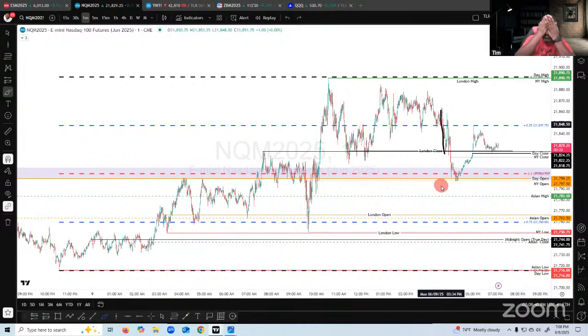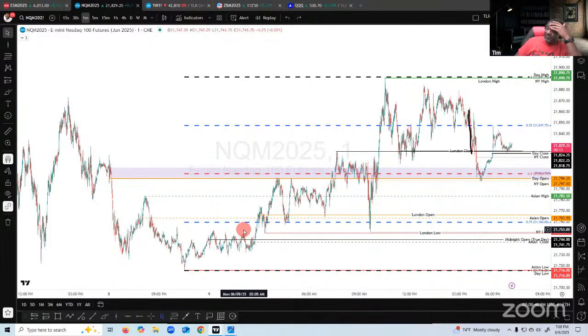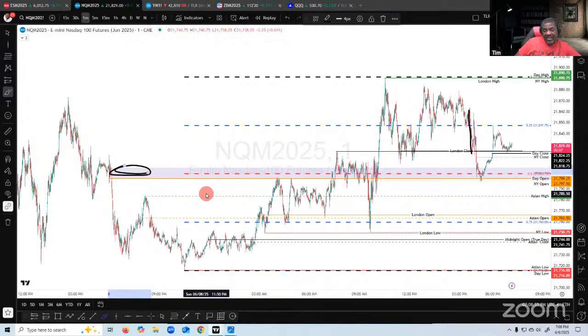But as you can see, the algorithm throughout the whole day, the only PD array that I talked about was the new week opening gap. The only reason I was talking about that is because it gave us Friday's close and today's open, so we can quickly see them.